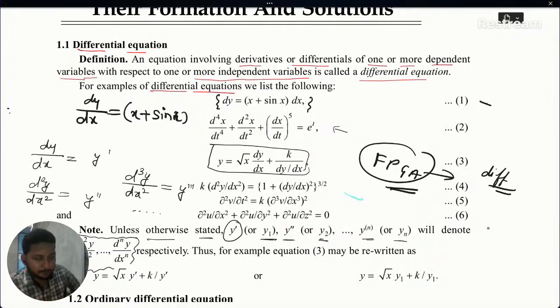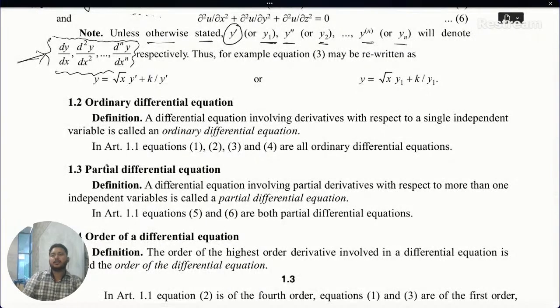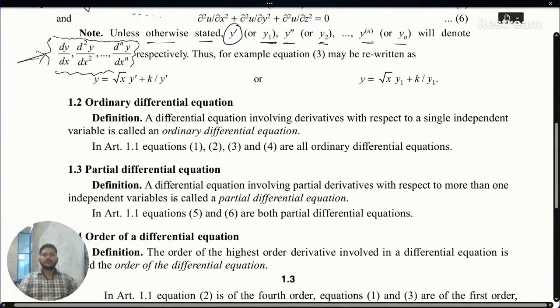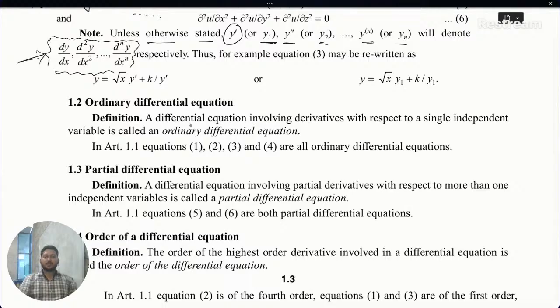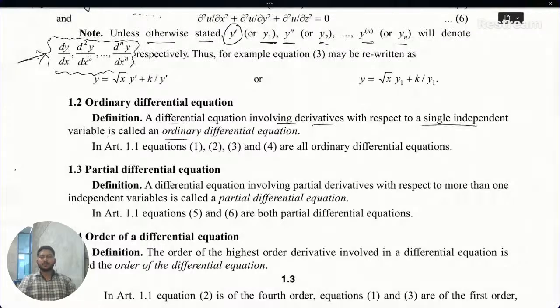Coming to the next point, which is ordinary differential equations, and then we study partial differential equations. What does an ordinary differential equation mean? It involves derivatives with respect to a single independent variable.